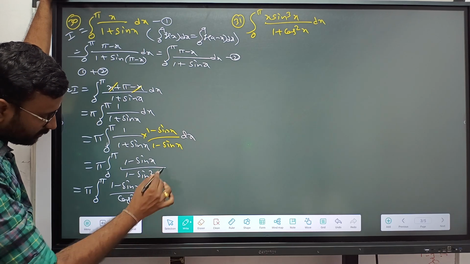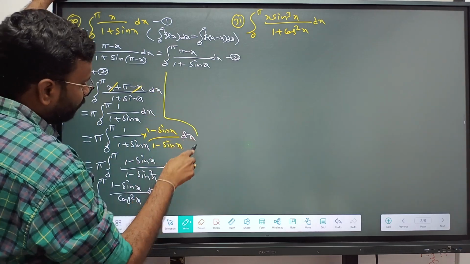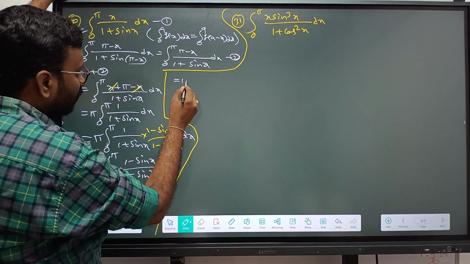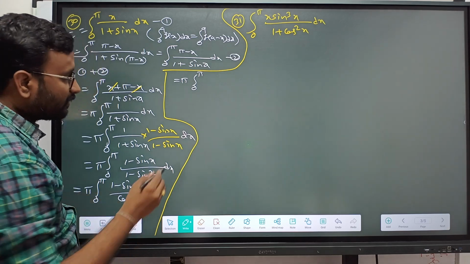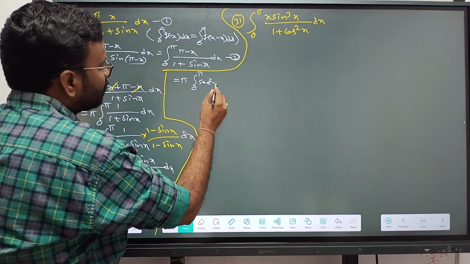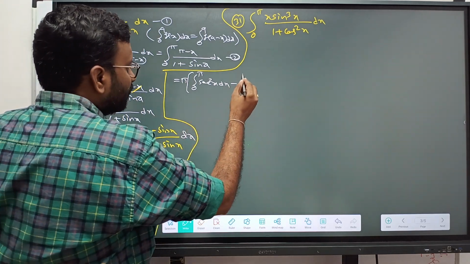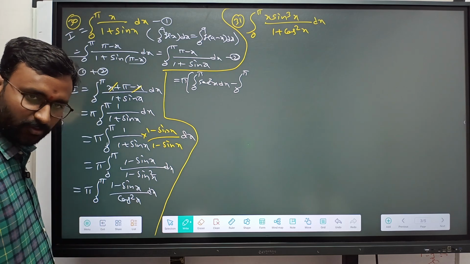1 minus sin square x will be cos square x, dx. Now apply this separately. It is pi integral 0 to pi of 1 by cos square x, which will become secant square x dx. Pi is a multiple for all, minus integral 0 to pi of sin x by cos square x. What will that become?